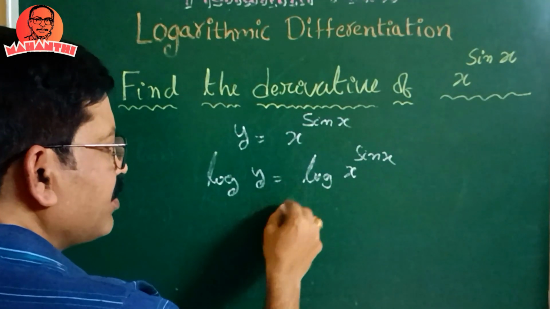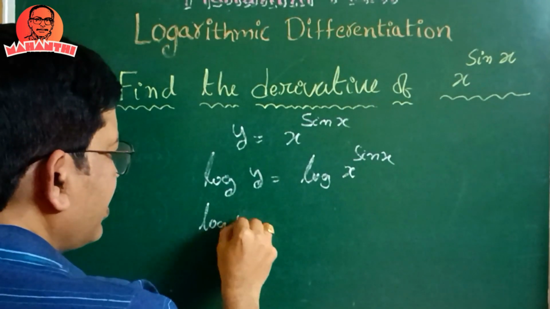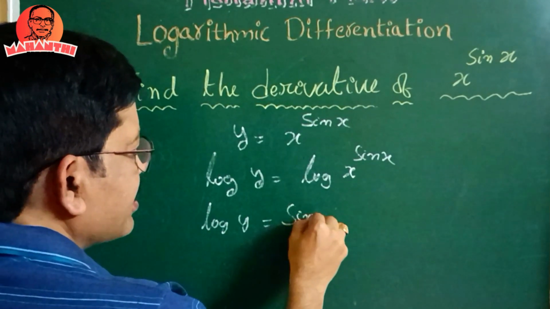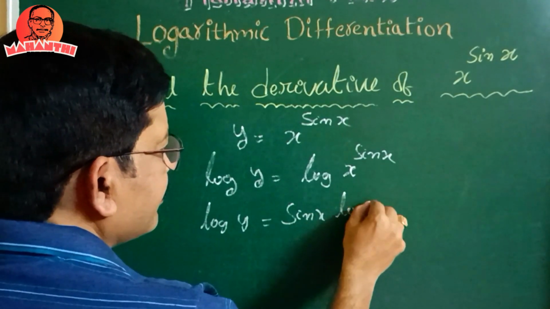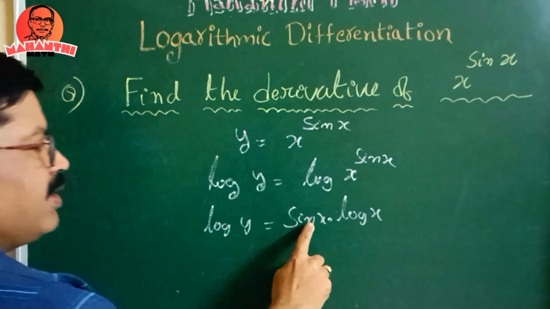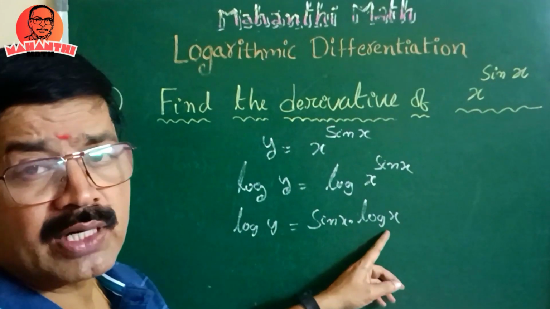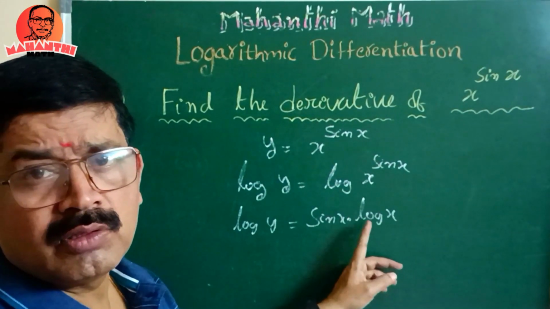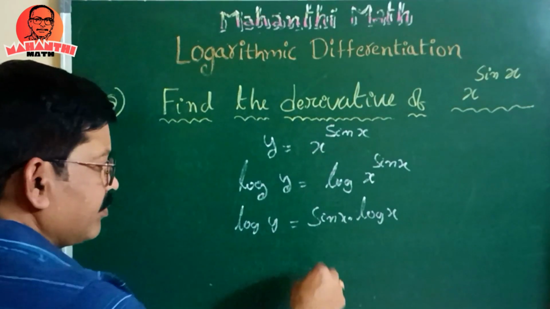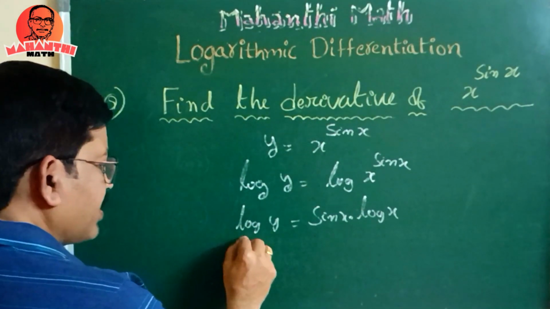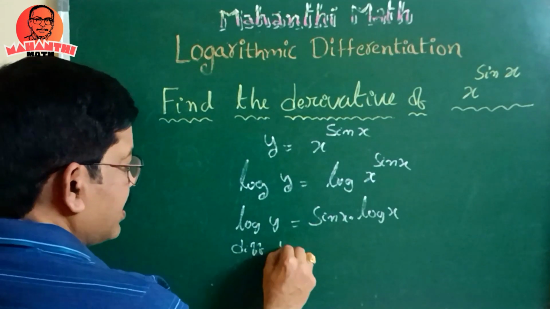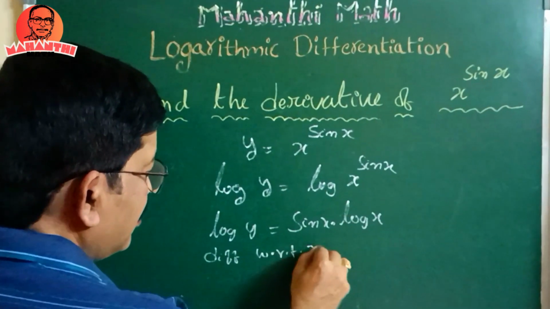Again this sin x will come here. Log y equal to sin x into log x. Again function of x into function of x, derivative you have to find. So what you have to do? UV rule you have to apply. So now you differentiate with respect to x.